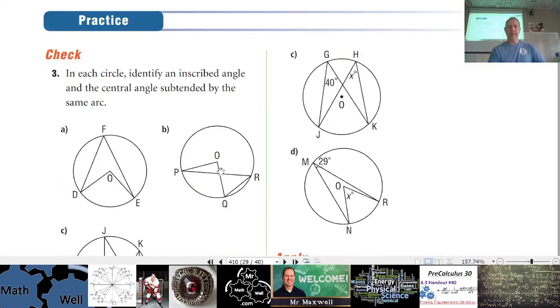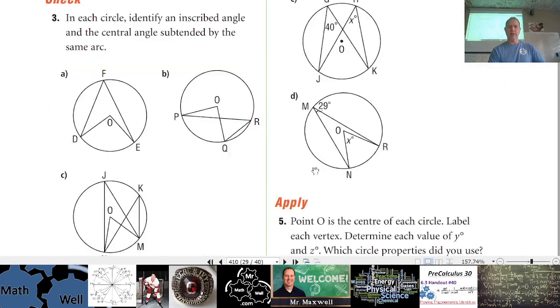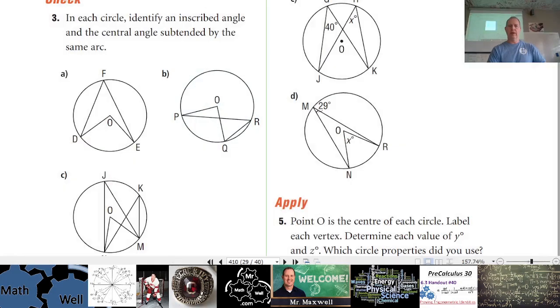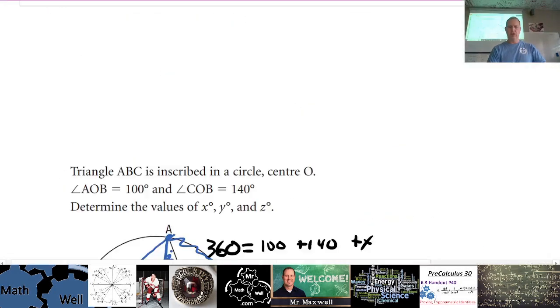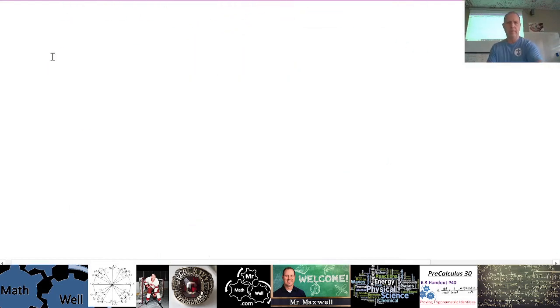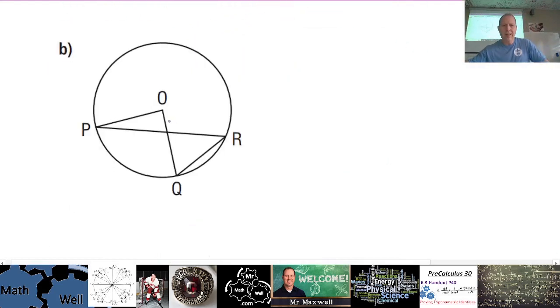All right, let's just take a quick peek at these assignment questions here. Ooh, this one looks really weird. Not quite like the diagrams we've drawn, but let me just show you something. Even though it looks weird, if you can try to pick out the property here. So this is a central angle, isn't it?